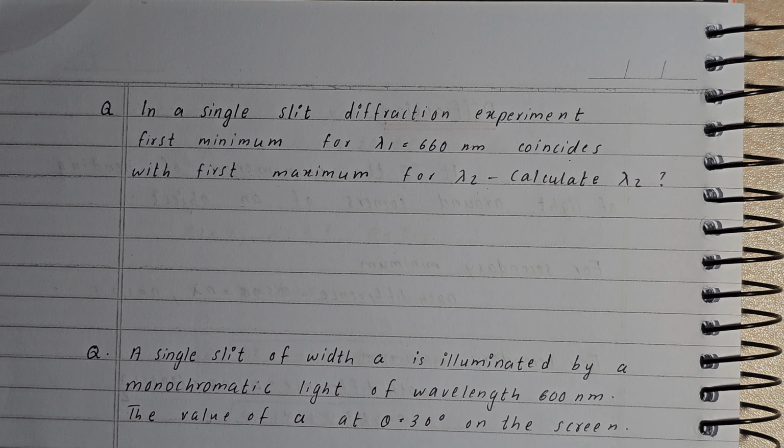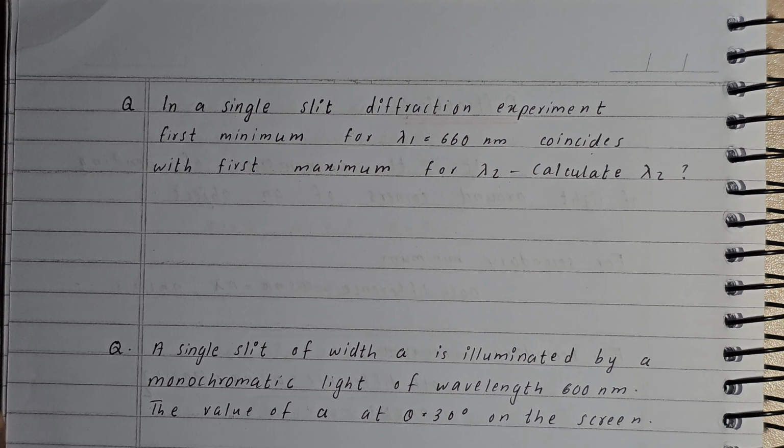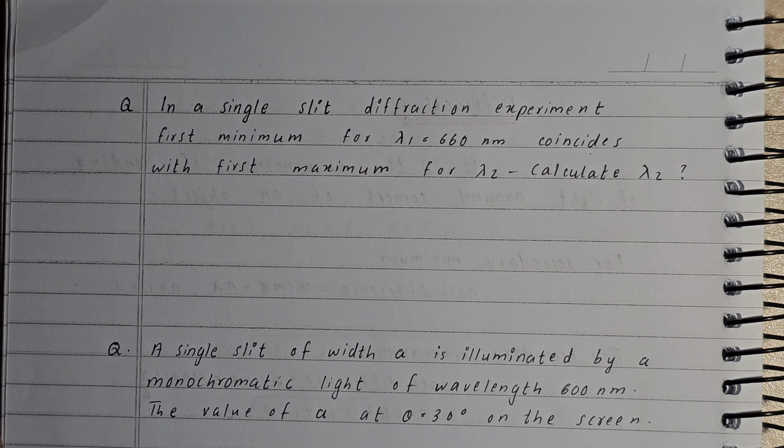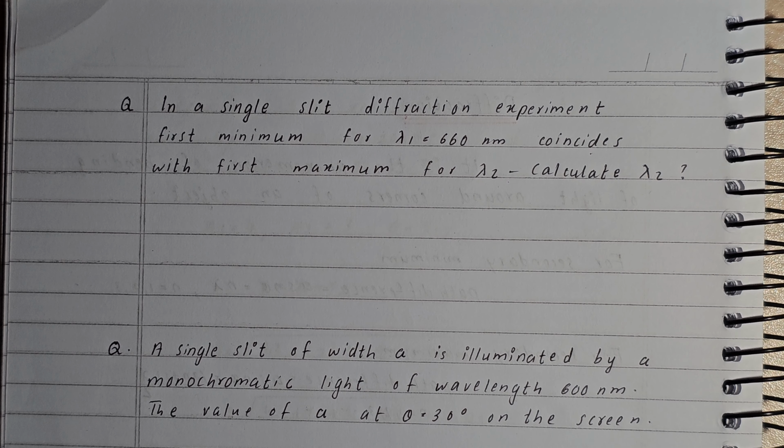Next problem. In a single slit diffraction experiment, first minimum for lambda 1 equal to 660 nanometer coincides with the first maximum for lambda 2. Lambda 1 is given, we have to find out lambda 2.